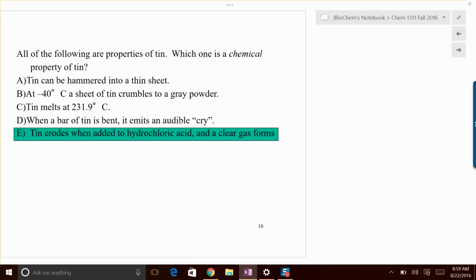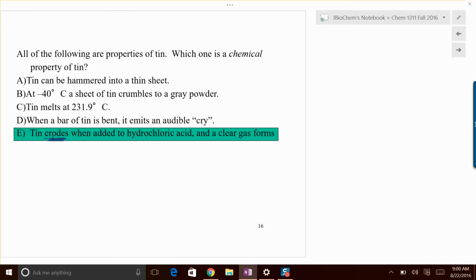Okay, it erodes. There's the word, erodes. That's indicating that it's chemical, right? That's a chemical process. So we need to be able to identify when something is a chemical difference or a physical property.